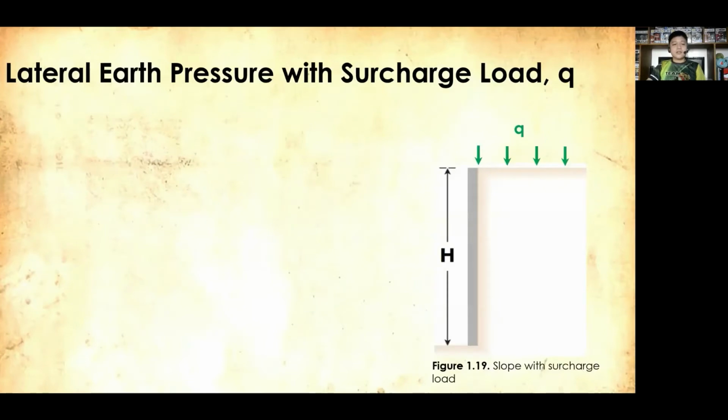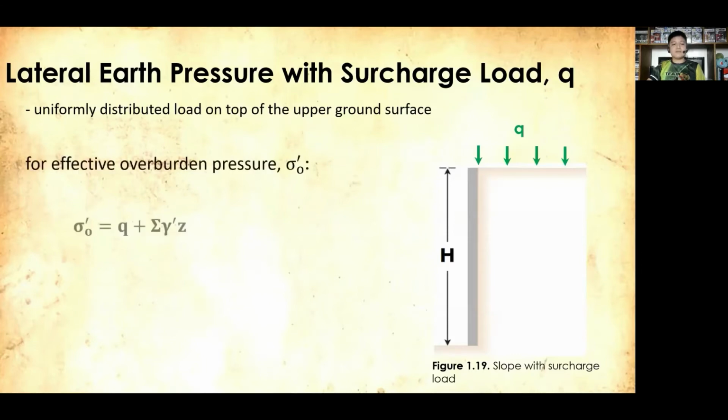On the other hand, for the lateral earth pressure with surcharge load Q, so for uniformly distributed load on top of the upper ground surface, so what will now be the modification? So for the effective overburden pressure, that is the sigma O prime, which is the total weight on top of the specific point.